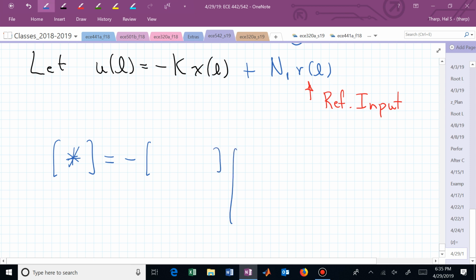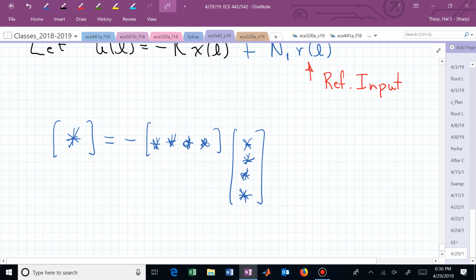So if x had a dimension of 4, x is 4 components tall, K needs to be compatible with u. The product of K and x better give us a 1 by 1. It better give us a scalar. K now needs to be a 1 by 4. Those are pretty ugly stars, but you can go out tonight and look at some prettier stars in the sky. So I'm not holding you back from seeing pretty stars, but my stars aren't very pretty.